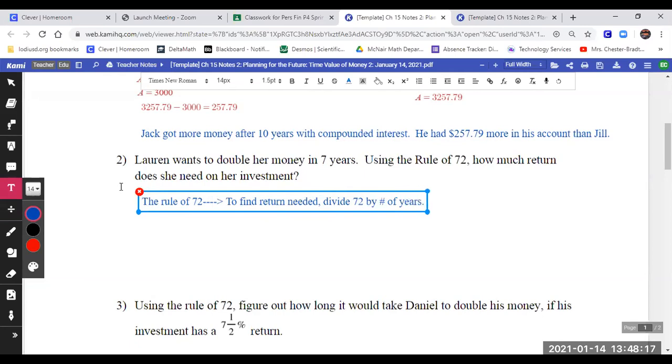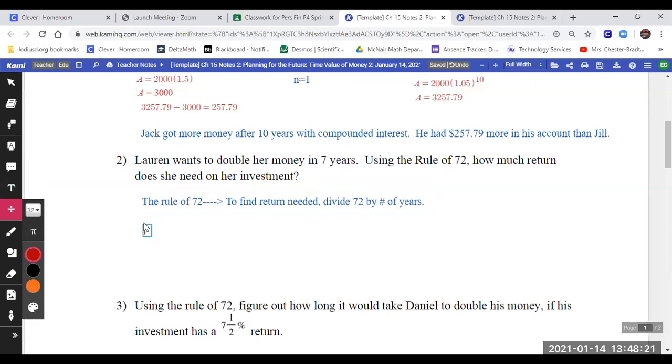That's how the rule of 72 works. So we're going to go get our equation thing, and we're going to take 72 and divide it by 7. Okay, 72 divided by 7.